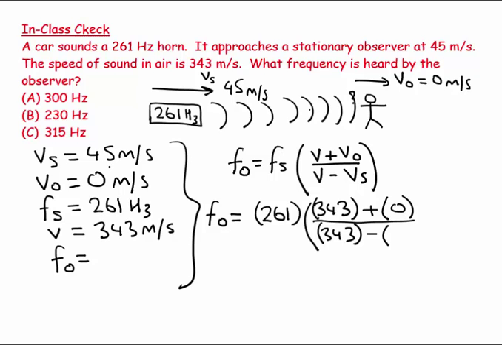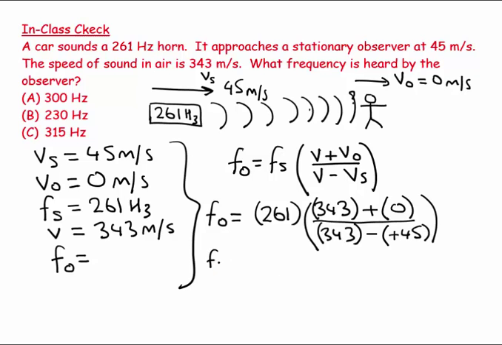And here's the rule. If either of these things is moving towards the other object, then they're positive, and if they're moving away, they're negative. So this would be, because it's moving towards, a positive 45.